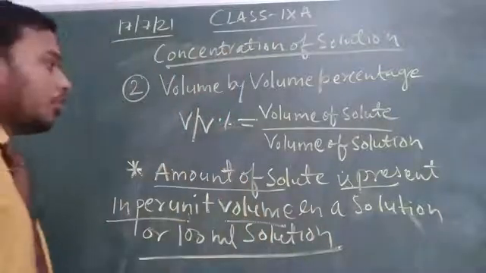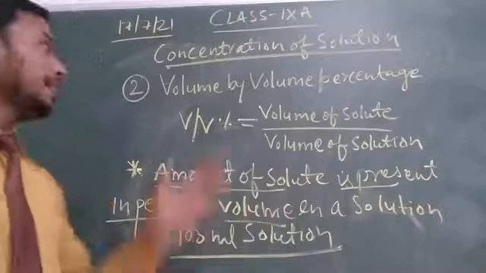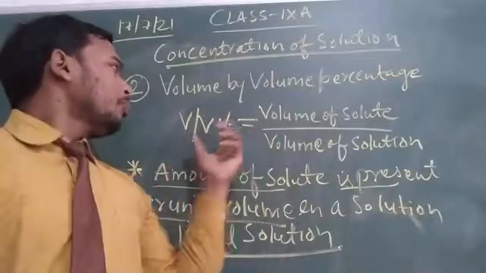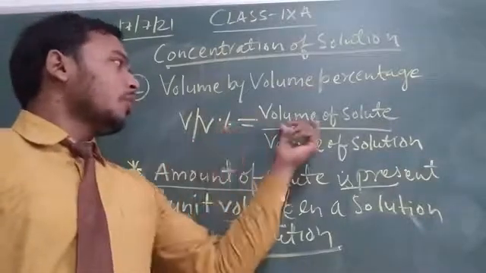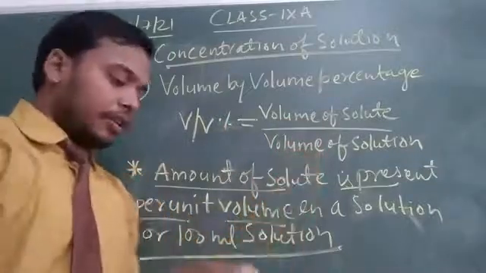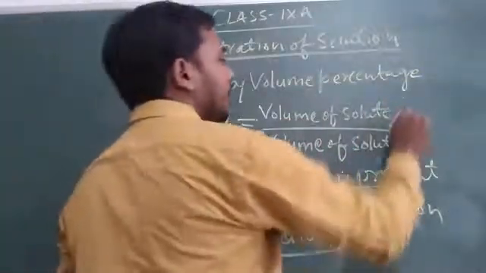It's called volume by volume percentage, and it is mathematically expressed as volume by volume percentage is equal to volume of solute divided by volume of solution into 100.